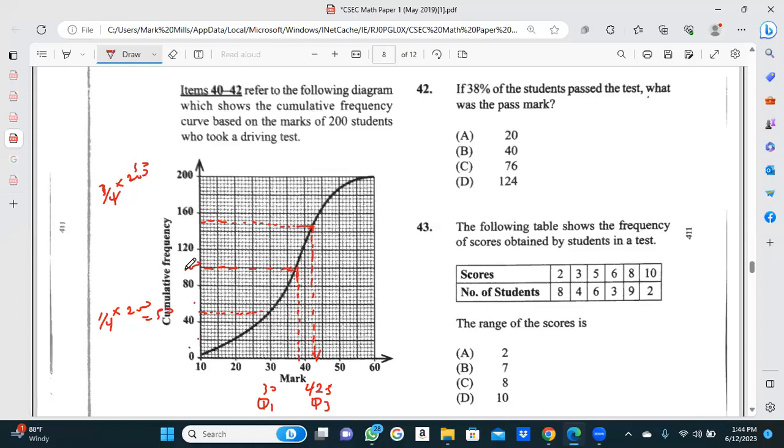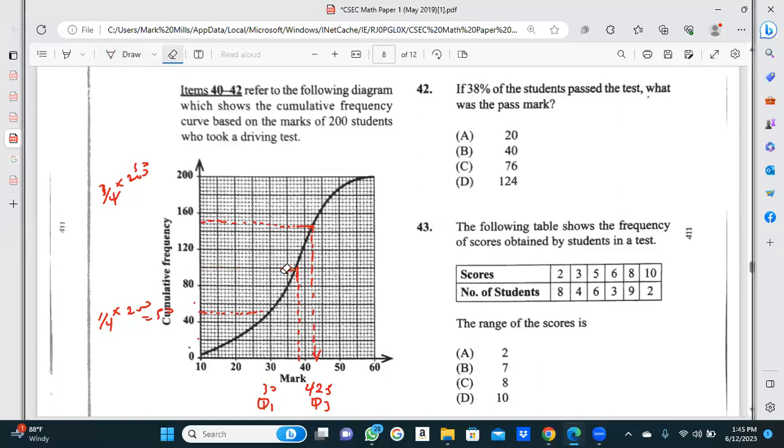What we got here is what? 100. Am I right? Okay, so this 30, they say what? 38% of the, oh no, sorry. I misinterpreted it.